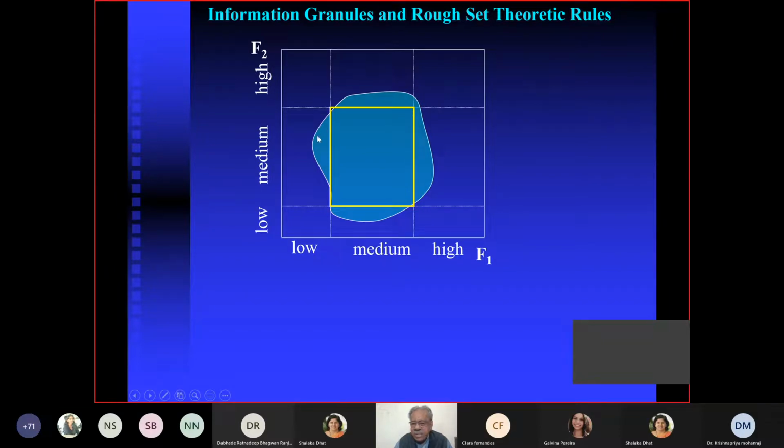This rectangle is nothing but this rule: first feature is medium and second feature is medium. So this rule represents some region.